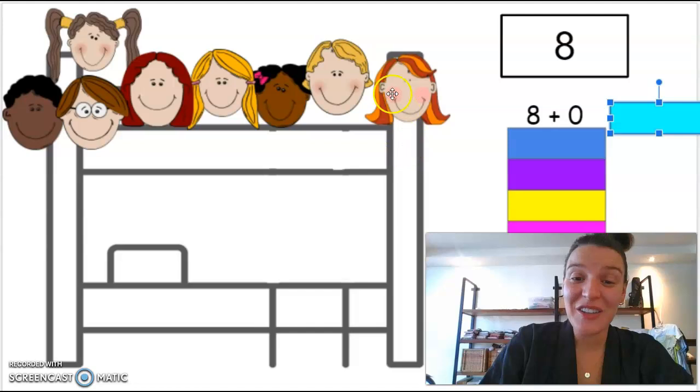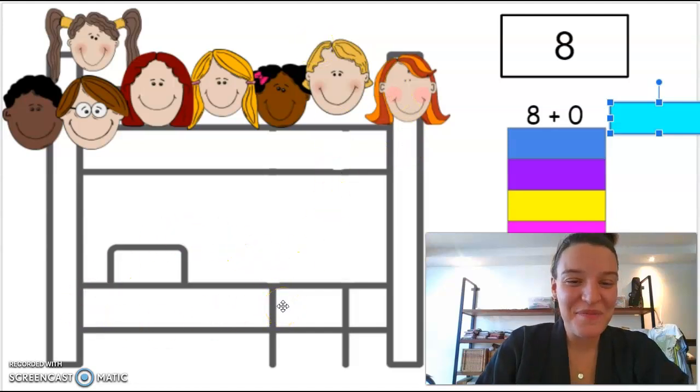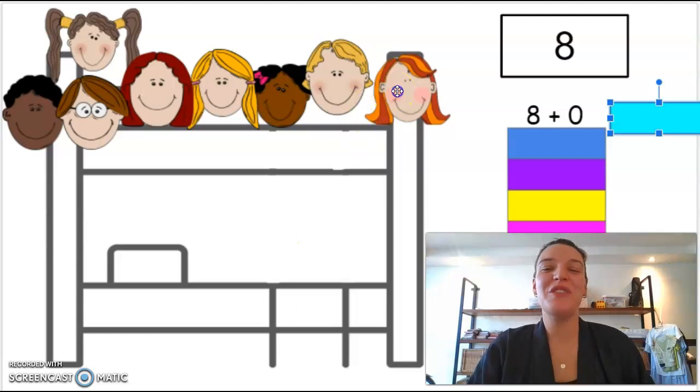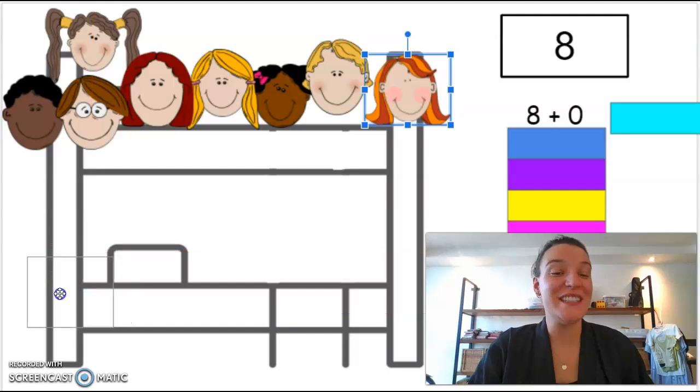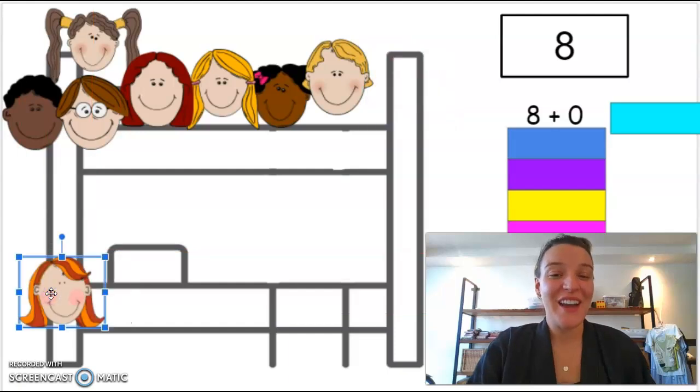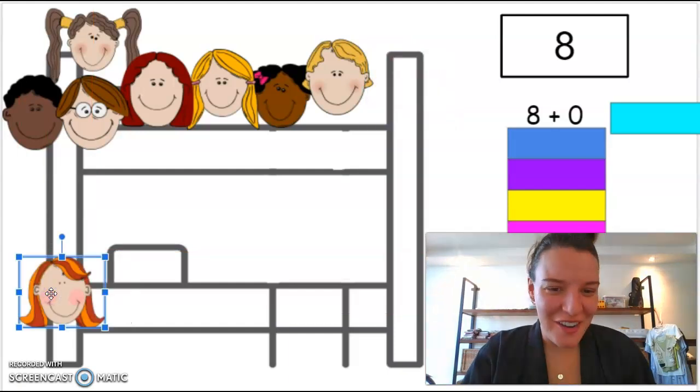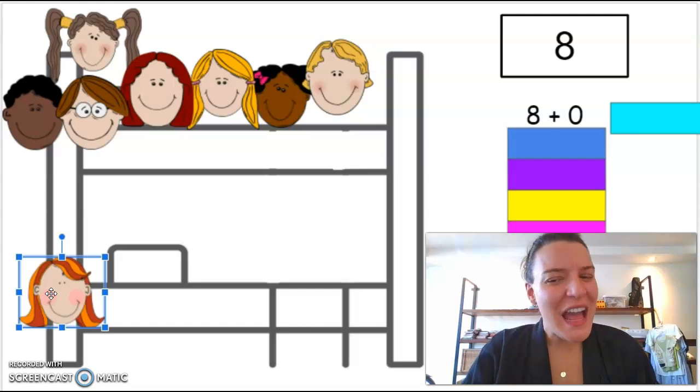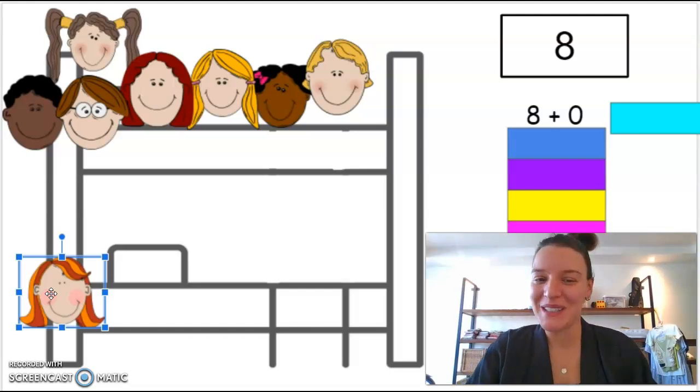I have 8 kids on the top and 0 on the bottom. Let's keep looking. What if I move this student or this friend down? What combination do I have now? How can I show it in a number sentence?